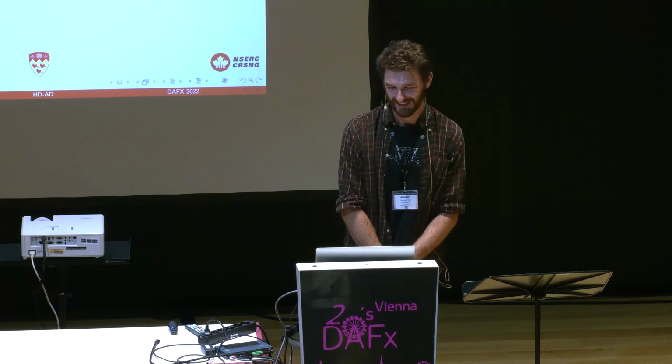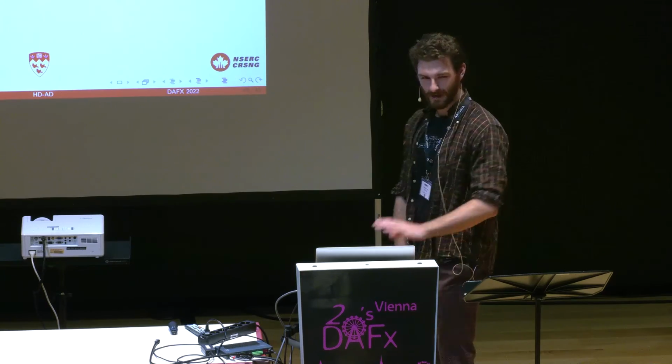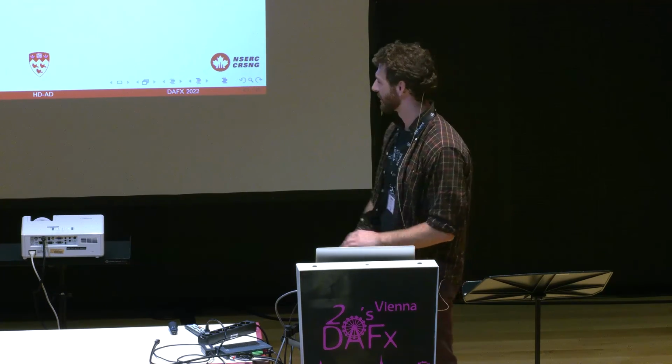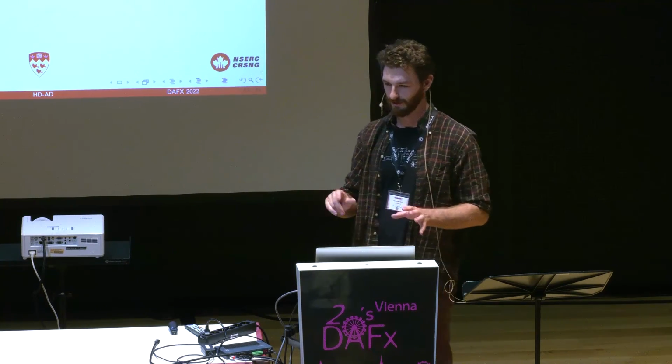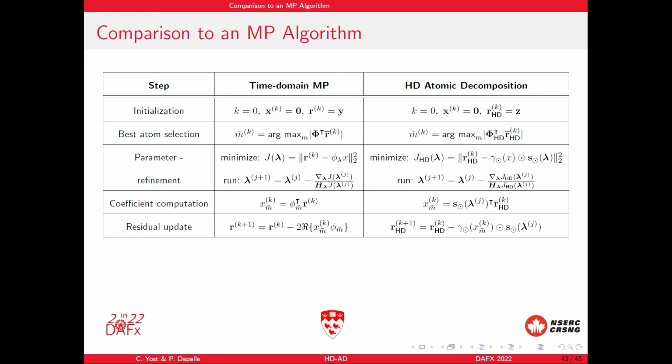Interestingly, because of what I was showing earlier, where you start with some signal which has atoms stacked on top of it, and then you end up with another signal which also has atoms stacked on top of it, they end up looking very similar, and you can actually do a very similar process in order to decode the atoms.